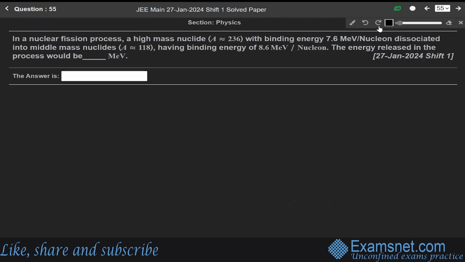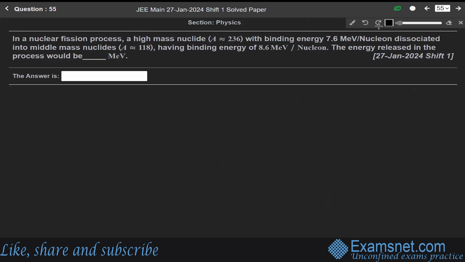This question says that in a nuclear fission process, a high mass nuclide with binding energy 7.6 mega electron volt per nucleon dissociated into middle class nuclide having binding energy of 8.6 mega electron volt per nucleon. The energy released in the process would be, we have to find the released energy.